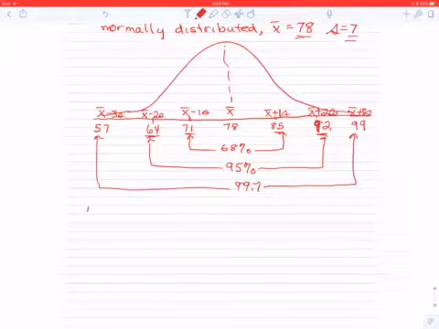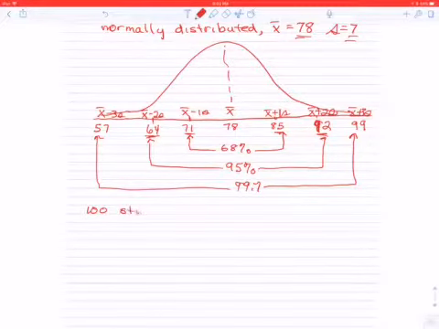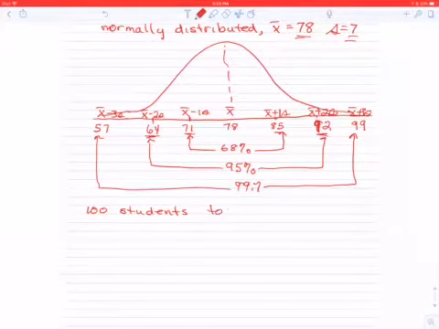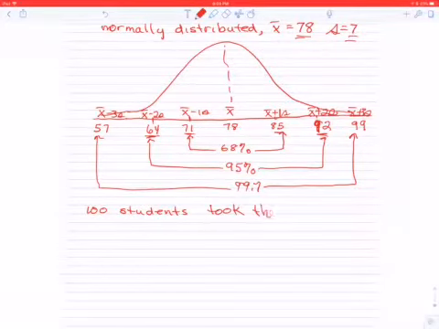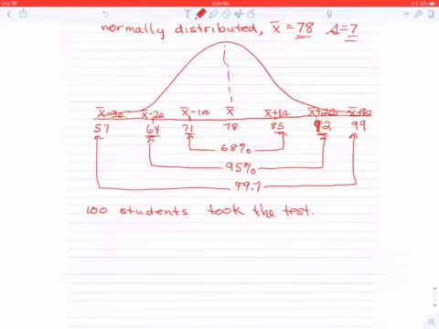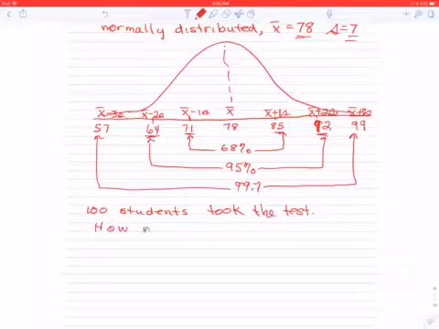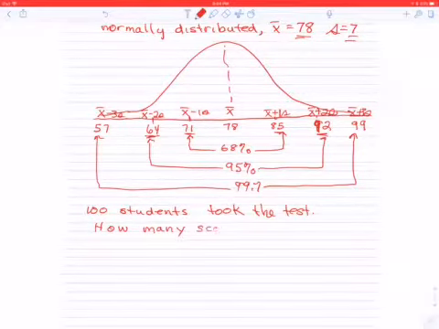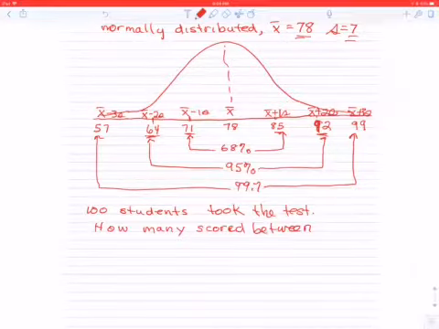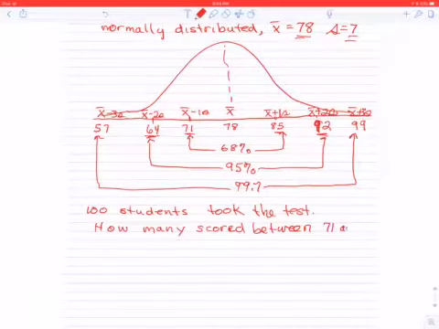So suppose 100 students took the test. How many of those students scored between, let's say, 71 and 85?